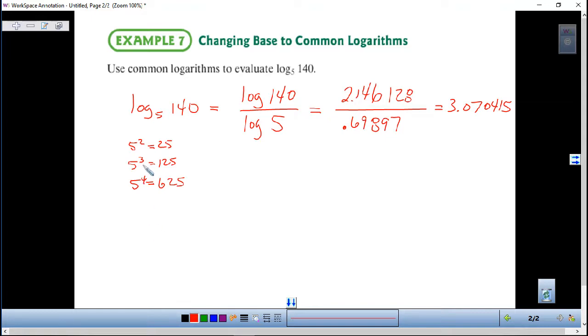So it makes sense that it's going to be a lot closer to 3 than it would be to 4. And hence, there's the answer that we get. So guys, don't blindly believe the calculator. Go back and think through your integer powers and see if that number makes sense. 5 to the 3.070415 power is going to equal 140, and that makes sense looking at what we've got right here.